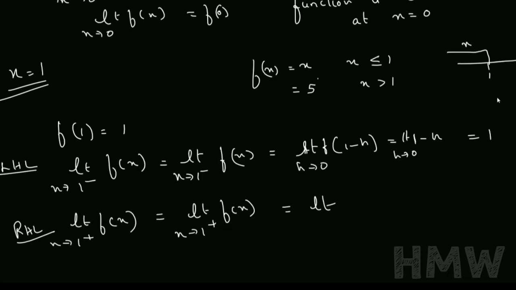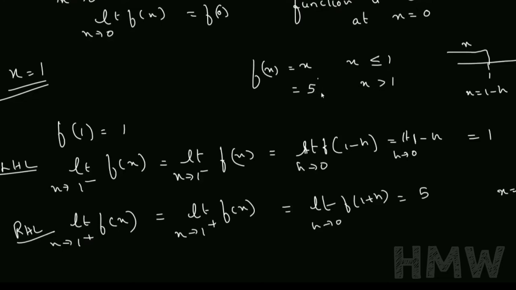Left of 1, if it is left side you write x is 1 minus h. If it is right side you write x is 1 plus h. So limit f of 1 plus h, h tends to 0. So 1 plus h is greater than 1, it is a constant. So it is given as 5. Greater than 1, the function is given as 5.